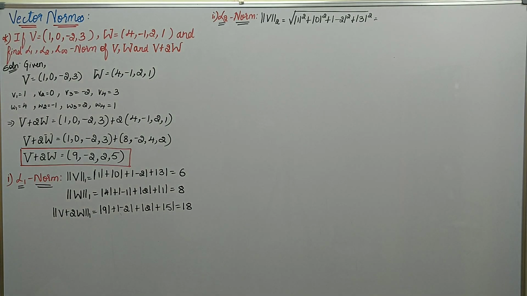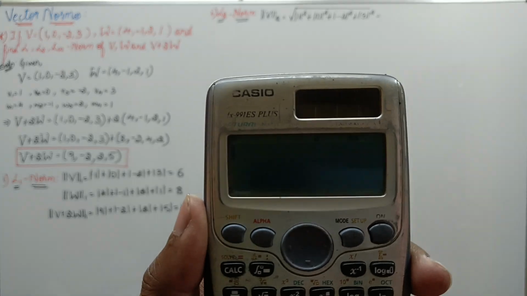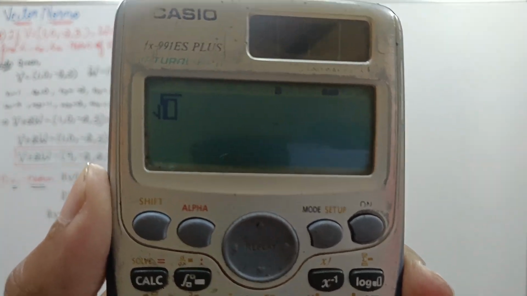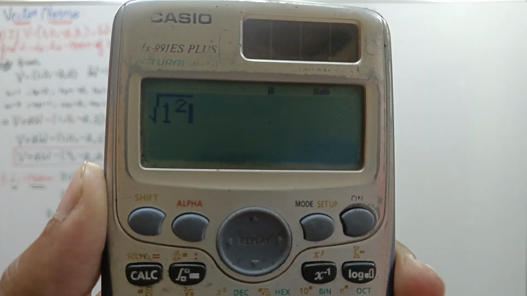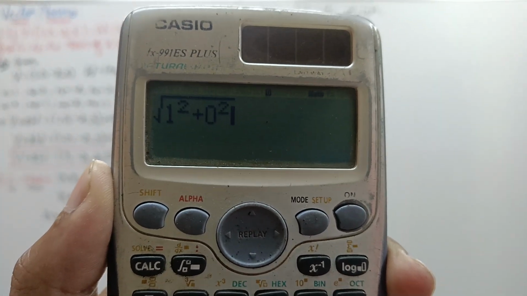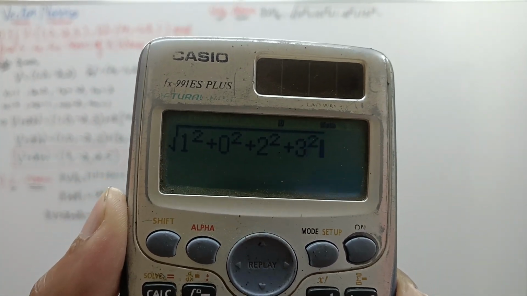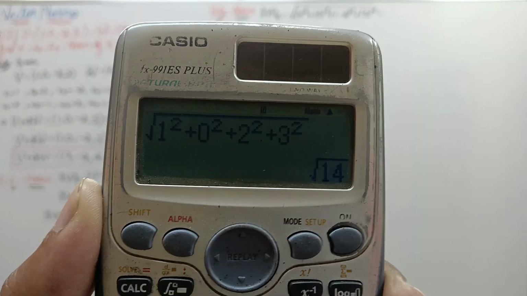Square root of 1 square plus 0 square plus 2 square, since minus becomes positive in the modulus sign, and 3 square, you get square root of 14.